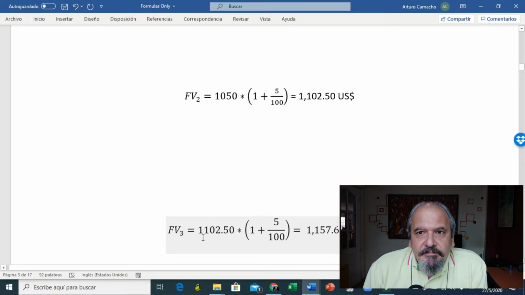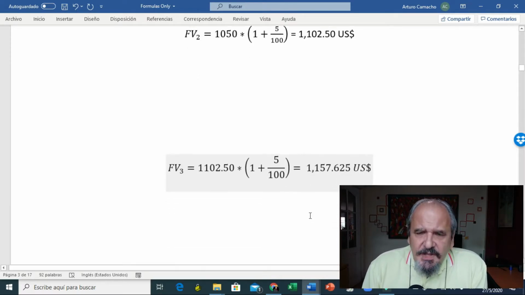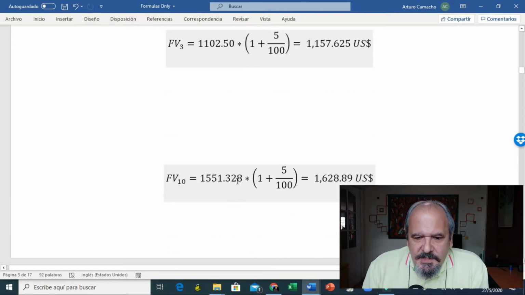And here it is. So we have this times the new 5%, and we obtain $1,157.62. That is the future value of our third year. That should be the principal of the fourth, and so on. If we do that until year 10, which is our previous example, we will have something like this, where this principal is the end of year 9.